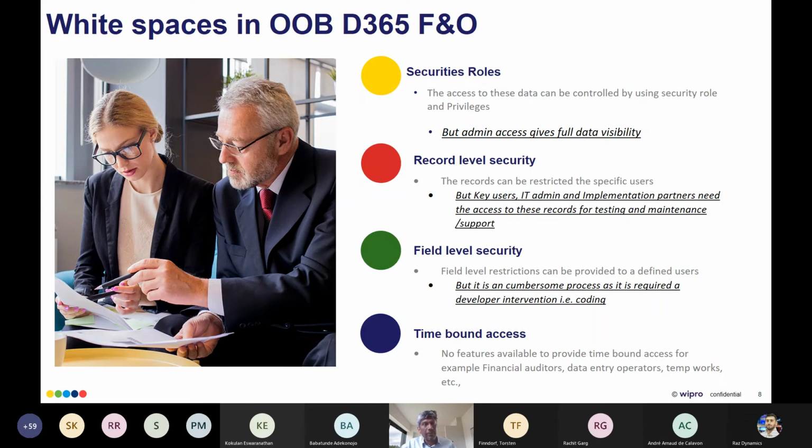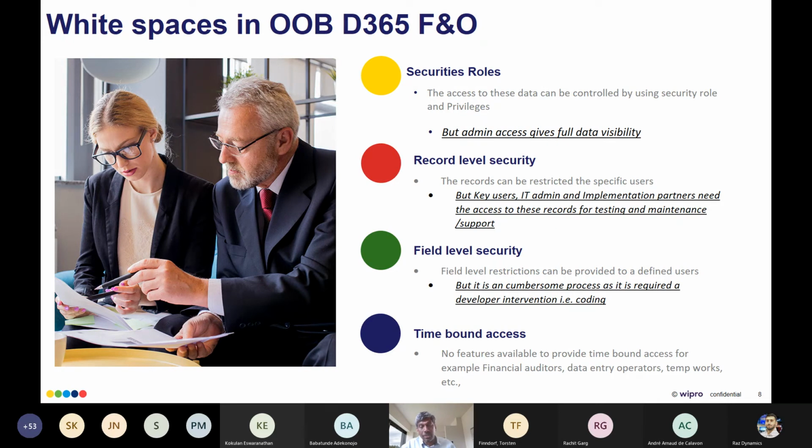So in F&O Dynamics, we have a lot of options. We all know the security roles. Yes, we can have security roles, but the challenge here is once I give admin access to a person, he can see everything. So that is not solving the business problem. The next option is record level security. This feature we also have in Dynamics.